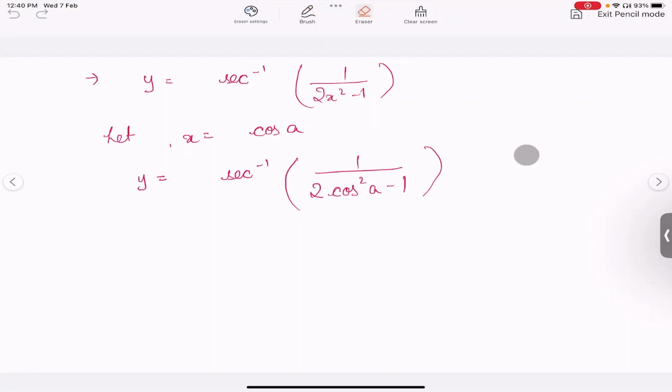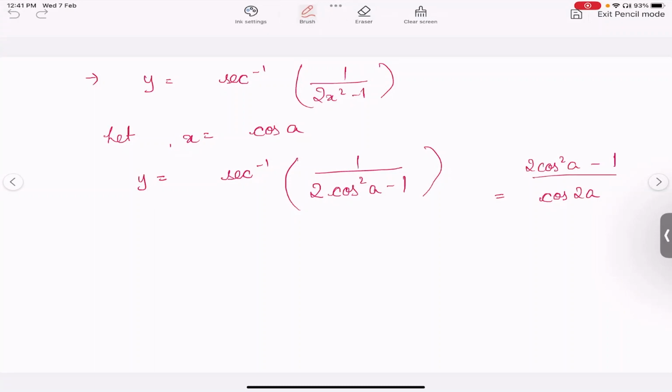So we already know 2 cos square a minus 1 is the formula for cos 2a, because cos 2x is equal to cos square x minus sin square x, which can also be written in this form. So this is what we have.